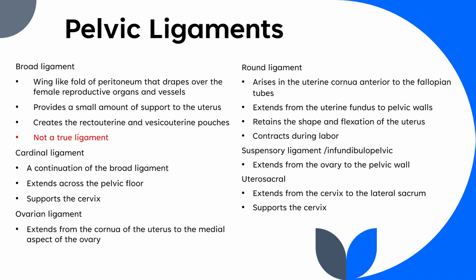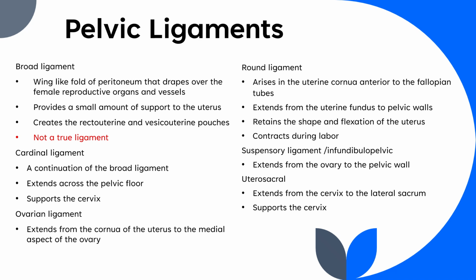Now the cardinal ligament, which I will point out here in a minute, is a continuation of that broad ligament, and it's going to extend across the pelvic floor, across those levator ani muscles that we just talked about, to support the cervix. So cardinal, cervix, all right?